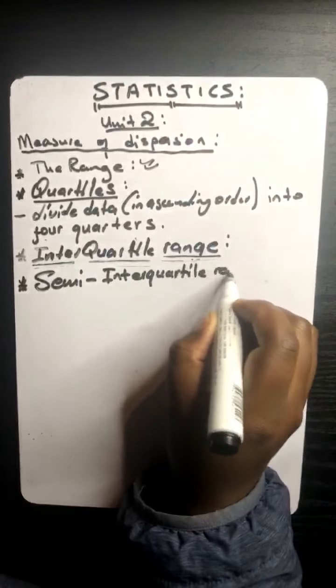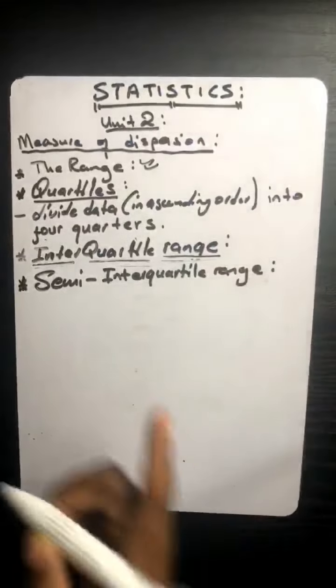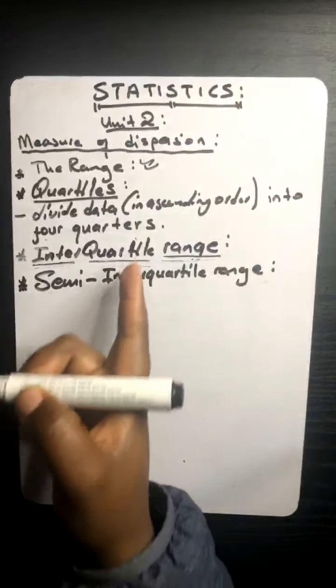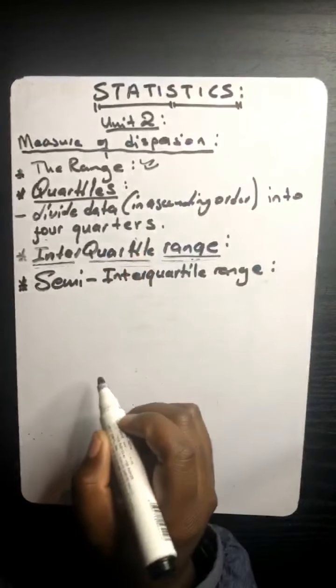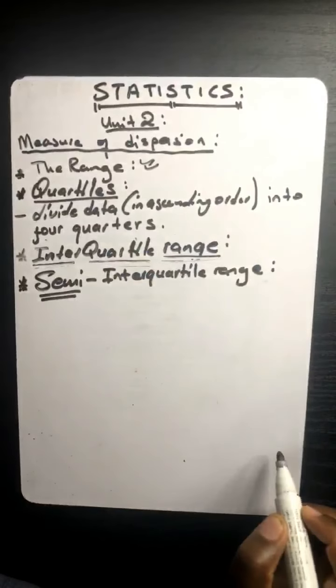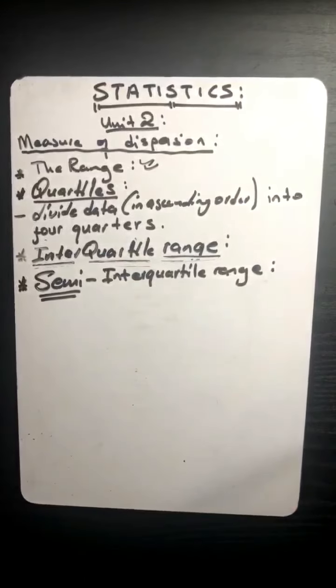Interquartile range. Those two were almost the same. But the word semi, what do you know about that word semi? Is there someone who's got an idea of what that word could mean?